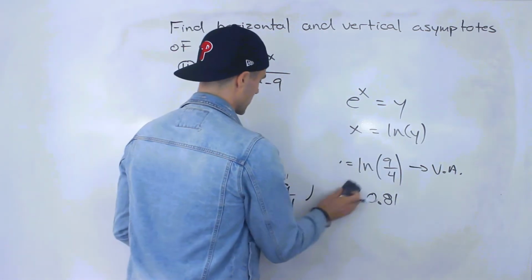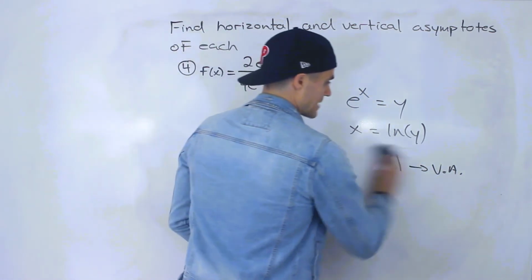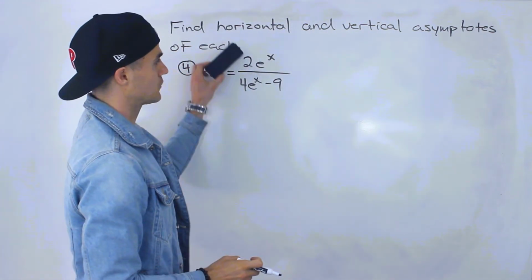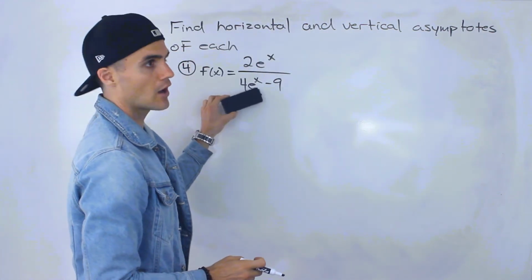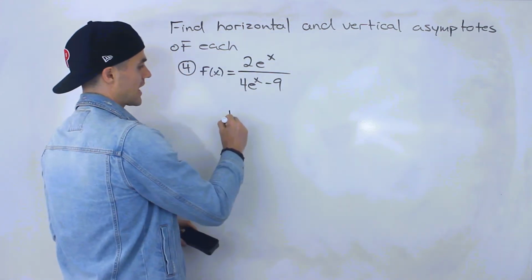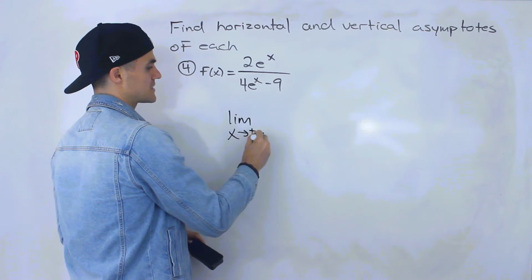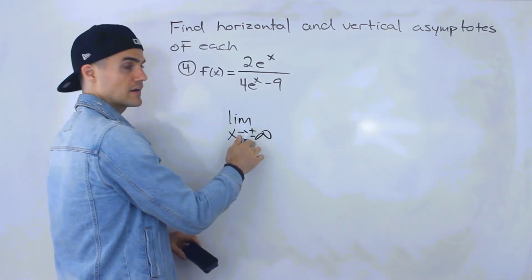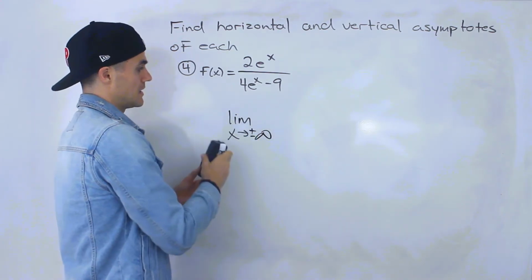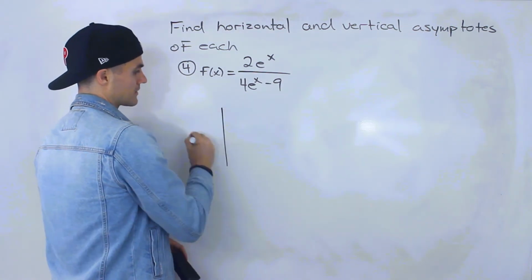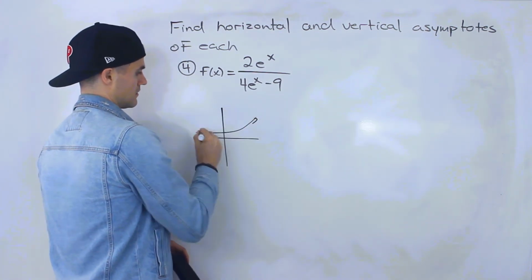Now, what about the horizontal asymptote? As I mentioned earlier in the video, because we're not dealing with polynomial functions in the numerator and denominator, we can't just group those limits at plus and minus infinity. We have to do them separately. Because if you remember, e to the x looks like that.